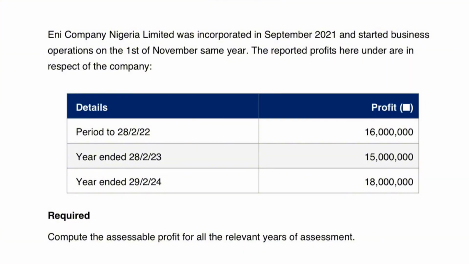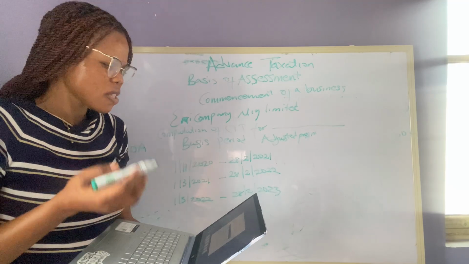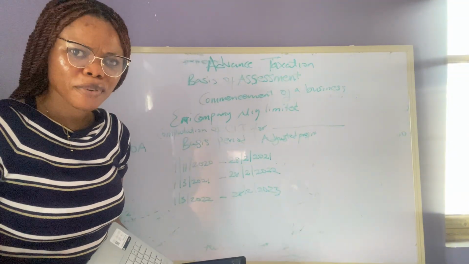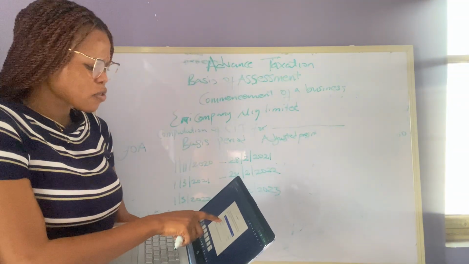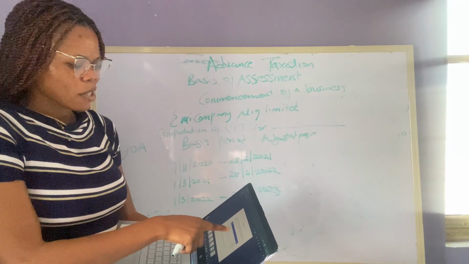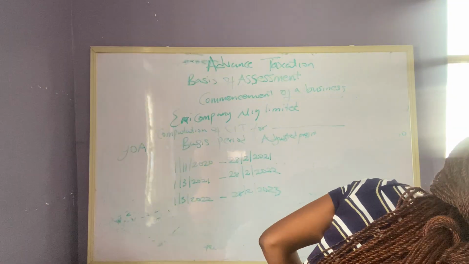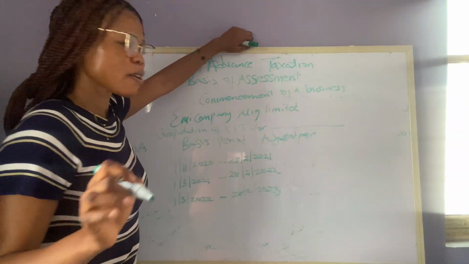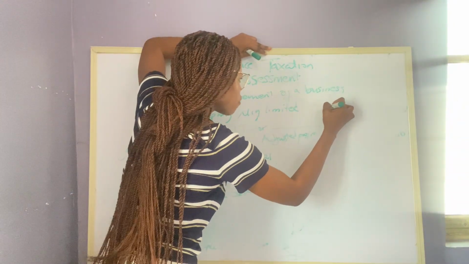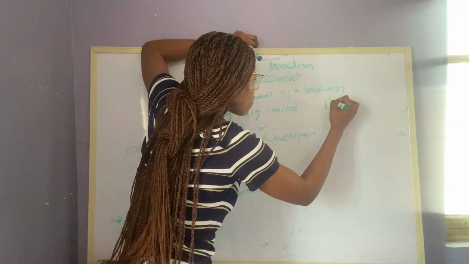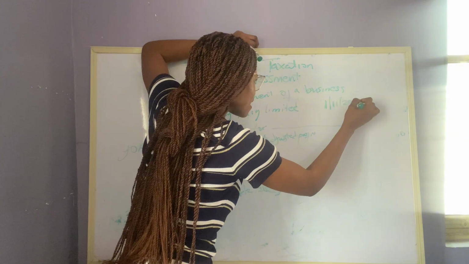The others are the year ended 28th of February 2023 and the year ended 29th of February 2024, which means they did not give us information regarding 2021 profits, because they gave us the period to 28th of February 2022. Now remember that the commencement date is 1st of November 2020.